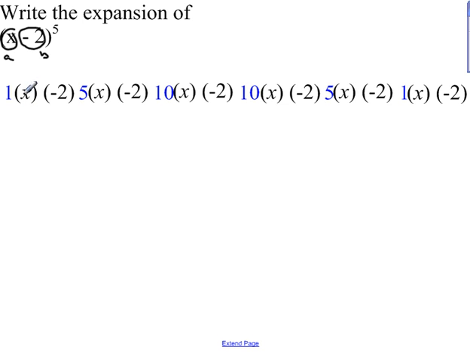And I know that in a, I'm going to start with n, that's 5, and the exponents are going to be descending. So it's going to go 5, 4, 3, 2, 1, 0. And I know that the exponents of each successive b are going to be ascending. So it's going to go 0, 1, 2, 3, 4, 5.